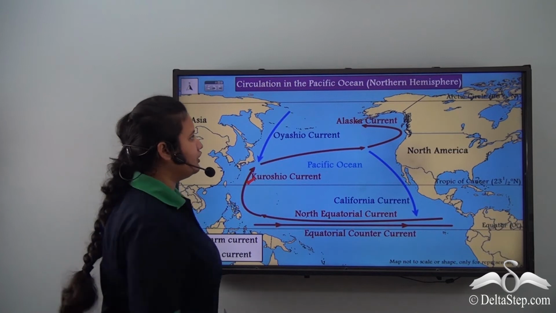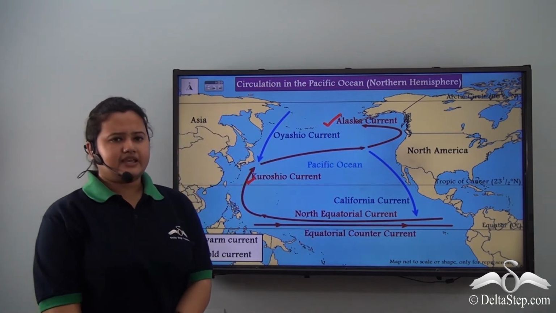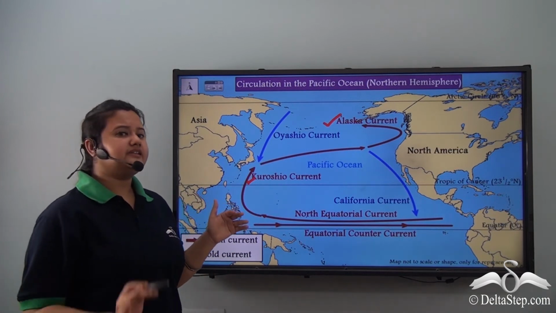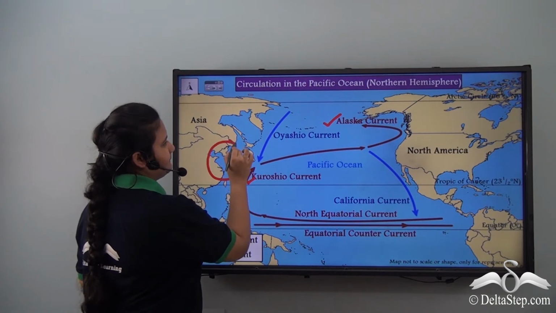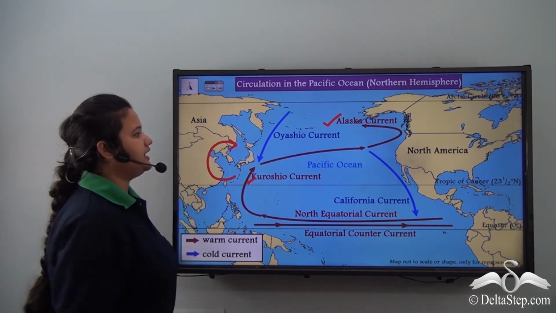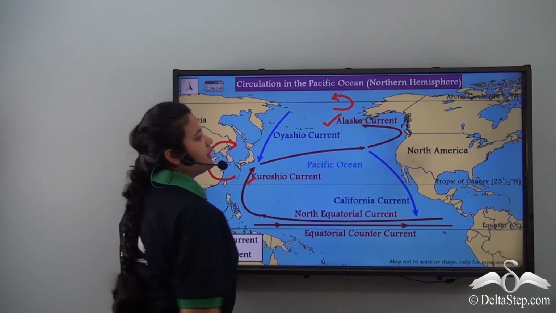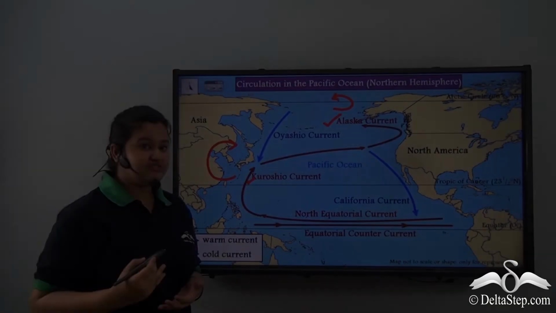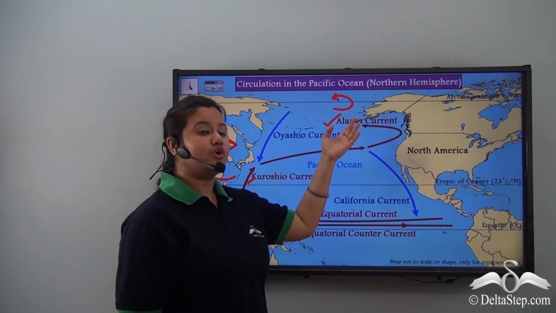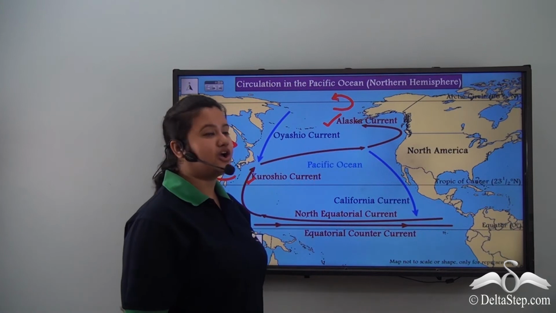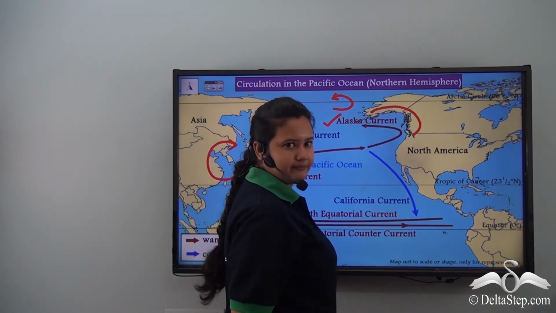Now see, in this map, we have an offshoot of Kuroshio current. The name of this offshoot is the Alaska current. We have learned that in the northern hemisphere, the current follows a clockwise pattern. But here it is not the case. The current is following an anti-clockwise pattern. Why is that so? Specifically, the Alaska current is rotating anti-clockwise because of the physiography of the continent here.